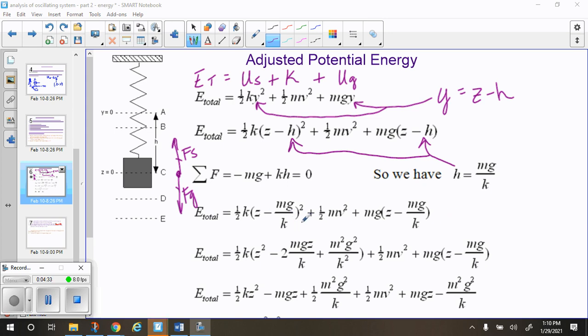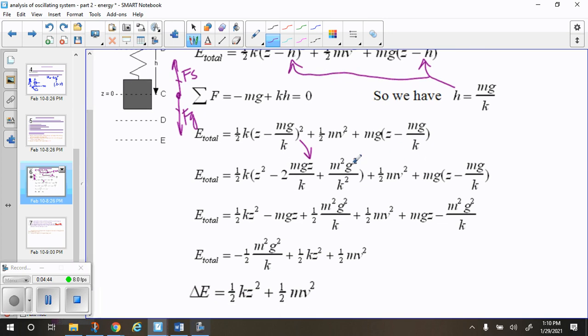Now I'm going to do some algebra here. We're going to square that out so that we get 3 different terms. And then from here to here, and you can pause it and look at it if you need to, we're just foiling, or is that what it's called? Distributing. We're distributing the 1/2 k to each of these terms, and we're just distributing the mg to each of these terms.